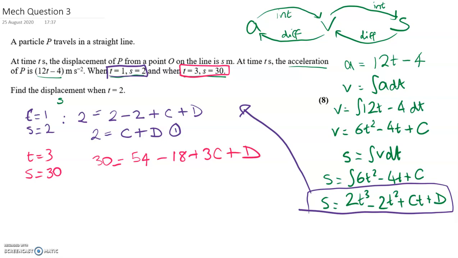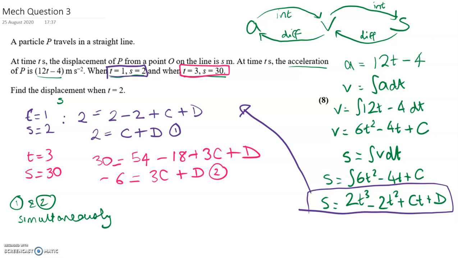Let's simplify that as well. We get minus 6 equals 3c plus d. That's what I call equation 2. And then I need to solve 1 and 2 simultaneously to work out what c and d are.